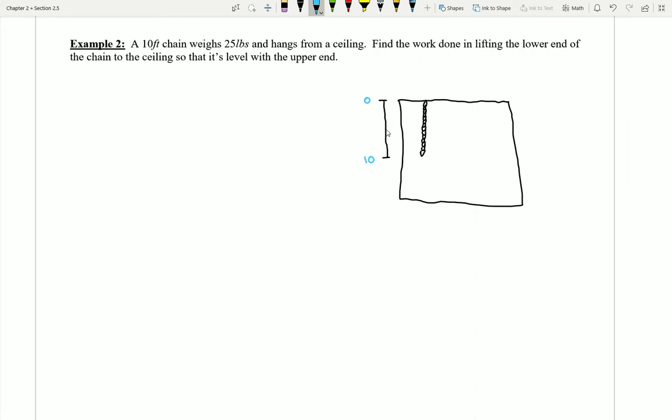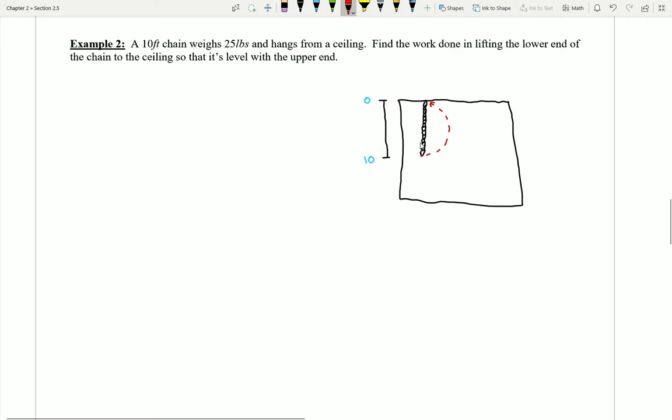Now, I'm going to think about what it is that I'm interested in doing with this chain. I'm interested in taking the lower end of the chain, so down here, and bringing it up to the top. That is, I'm kind of like folding the chain in half.